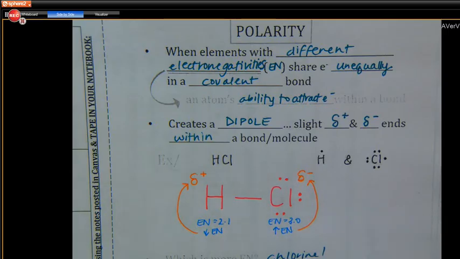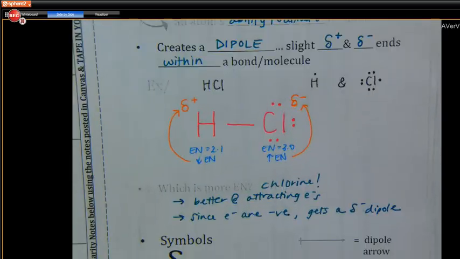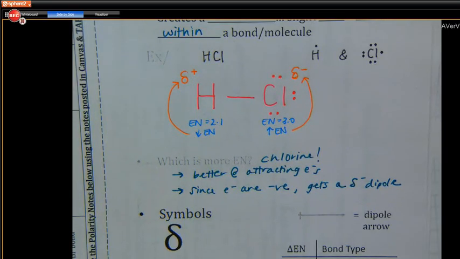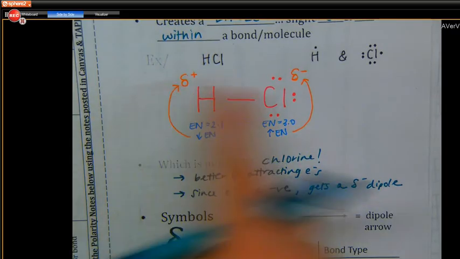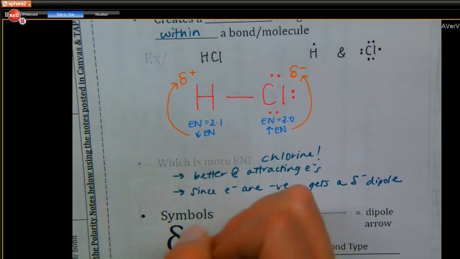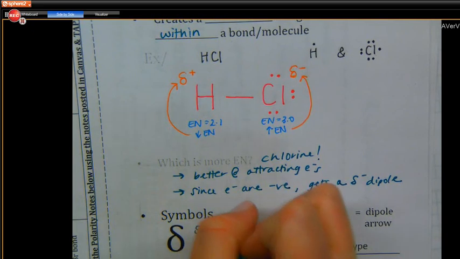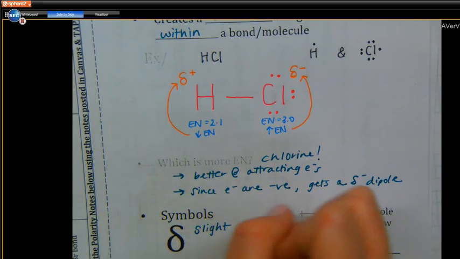A slight or partial charge is not a full charge, right? We are not creating an ion, we are creating a dipole, a slightly negative or slightly positive charge. And then oftentimes what we'll do with this is when you have this bond, you'll want to show what we refer to as a dipole arrow, like which way is the dipole pulling.